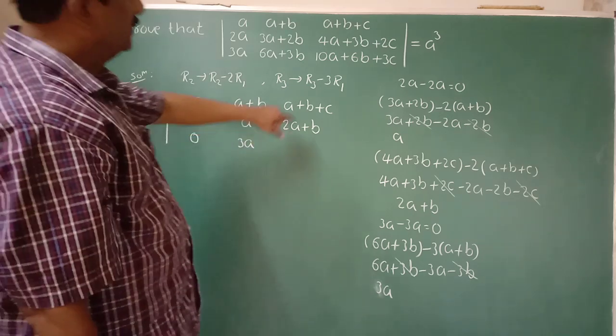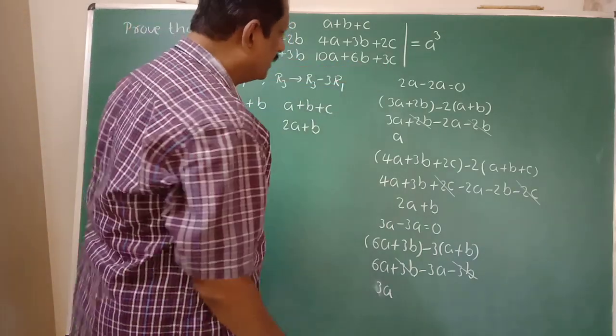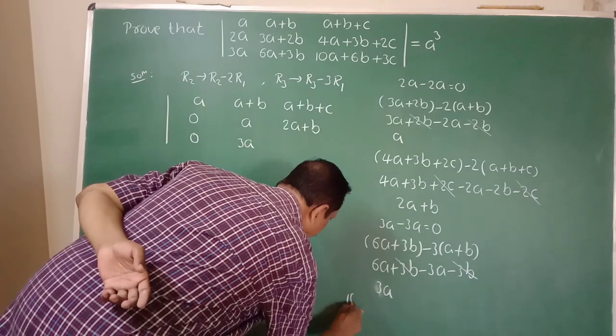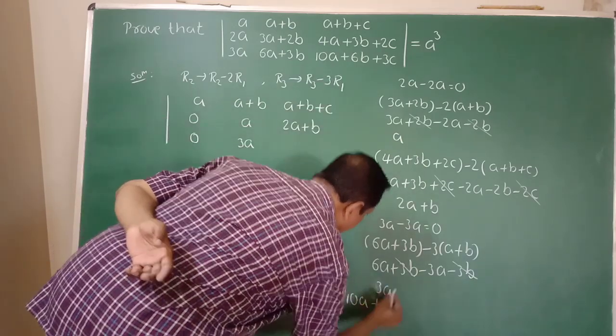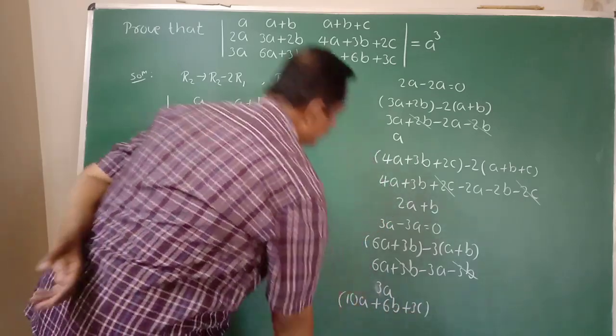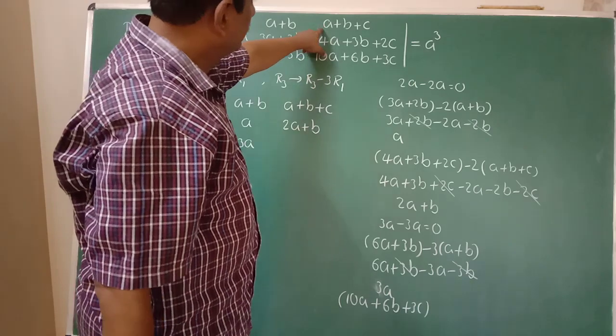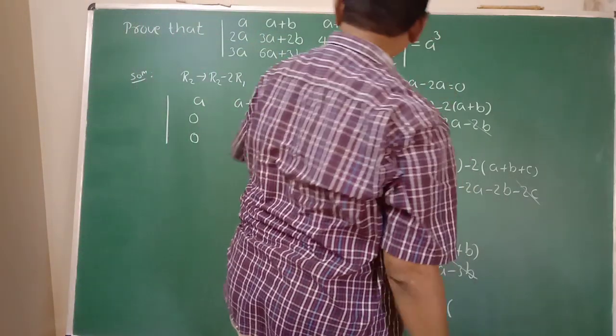Next 10a plus 6b plus 3c. Then multiply by 3 and subtract: minus 3 into bracket a plus b plus c.